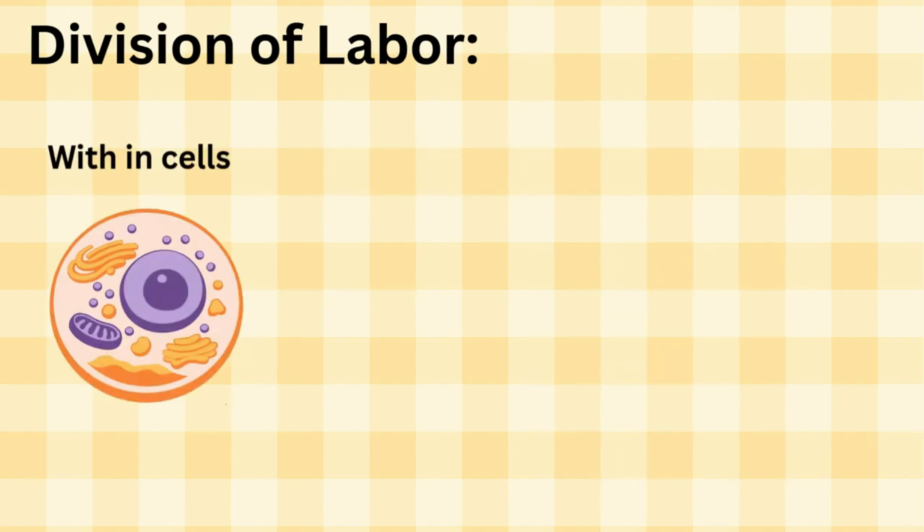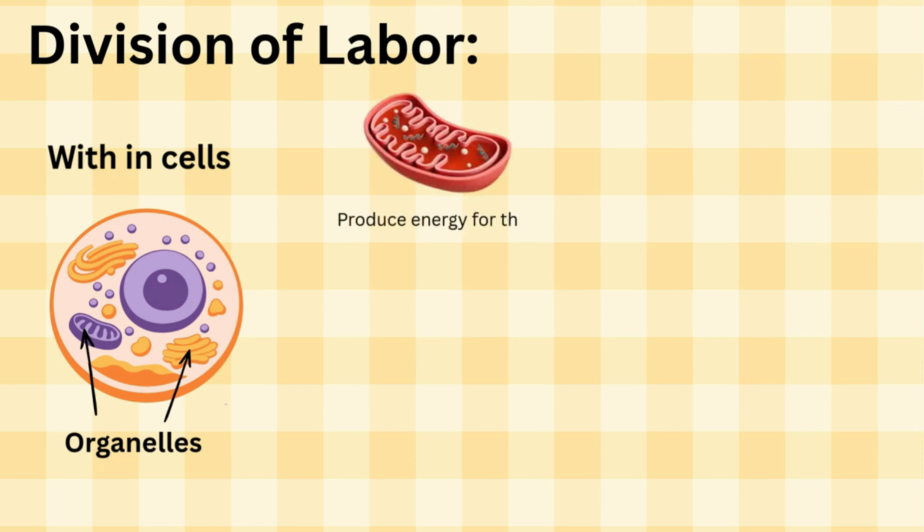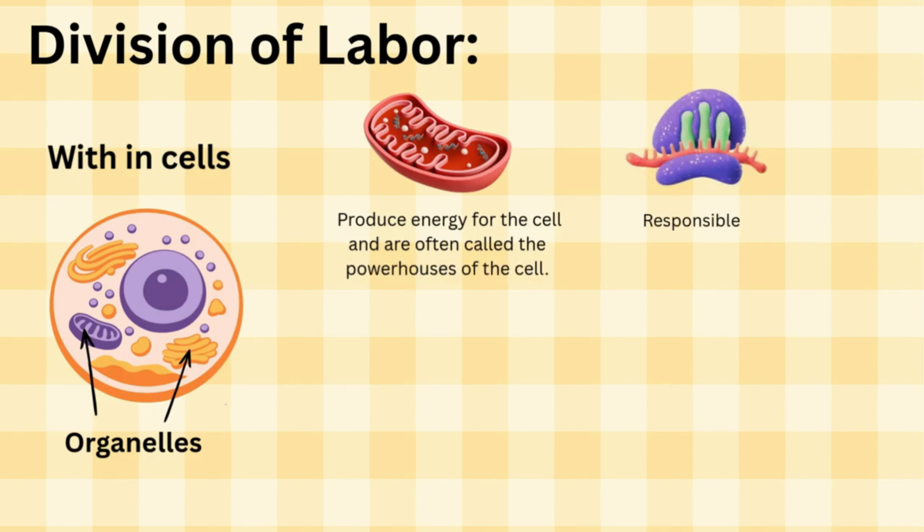Within a cell, the division of labor is carried out by specialized structures called organelles. Each organelle performs a distinct function that is necessary for the survival of the cell. For example, mitochondria produce energy for the cell and are often called the powerhouses of the cell. Ribosomes are responsible for protein synthesis, producing the proteins that the cell needs to function.